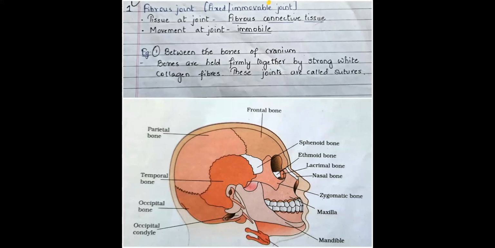Example, skull bones, particularly the cranial bones, the parietal with frontal, parietal with temporal, or parietal or temporal with occipital. These kinds of joints are classic examples of fibrous joints. Herein, the joints look like stitches between the bones, so these are also identified as sutures. Remember.